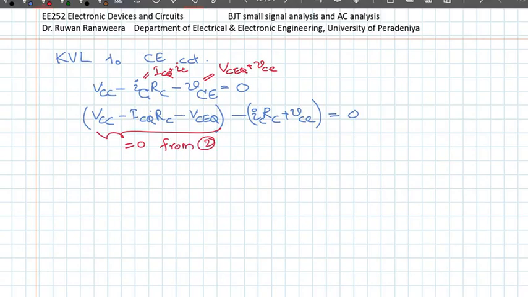Therefore the remaining part has to be 0 also. So vce is equal to minus ic RC.